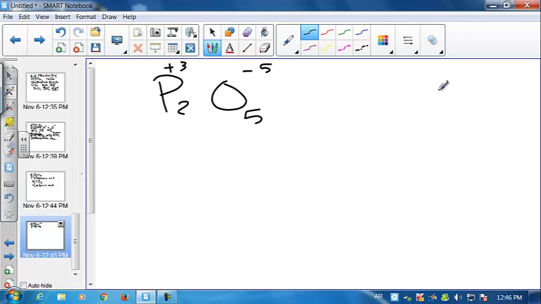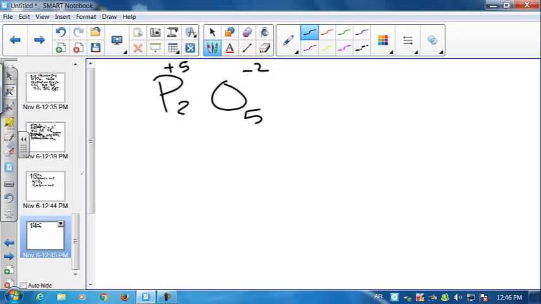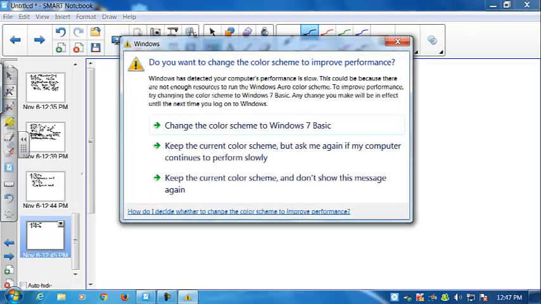Diphosphorus pentaoxide. Negative 2 times 5 is negative 10, so this must be positive 5. The valency of the phosphorus goes under the oxygen, and the valency of the oxygen goes under the phosphorus. This is the prefix system, diphosphorus pentaoxide.